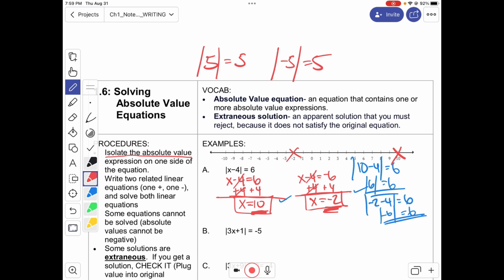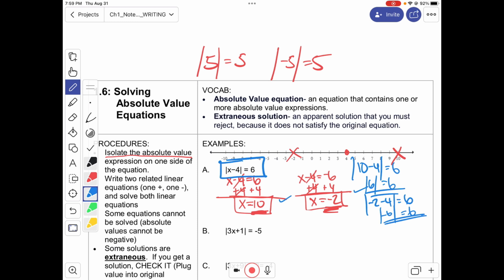If we look at the positions of these and try to relate them back to the original equation, what we see is the midpoint between our two solutions is the number 4. 4 is halfway between the answer x equals 10 and x equals negative 2. How does that relate to our original equation here?